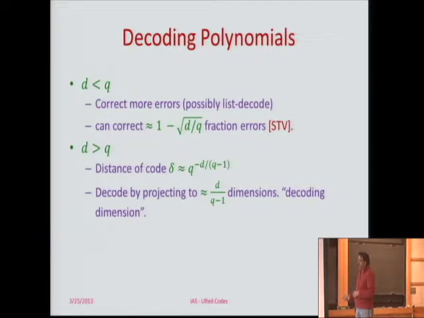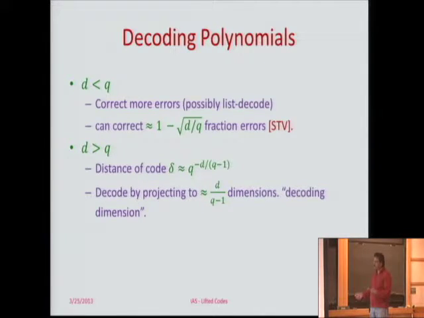And you can do the decoding by projecting the function to roughly d over q minus 1 dimensions, plus or minus. By roughly I mean plus or minus 1 or 2, not a factor of 1 or 2. With this many dimensions plus 1 or 2, you would start getting non-trivial constraints. So you project your function to this space. It is a constant dimensional space if you think of d and q as constants and m as the only parameter going off to infinity.